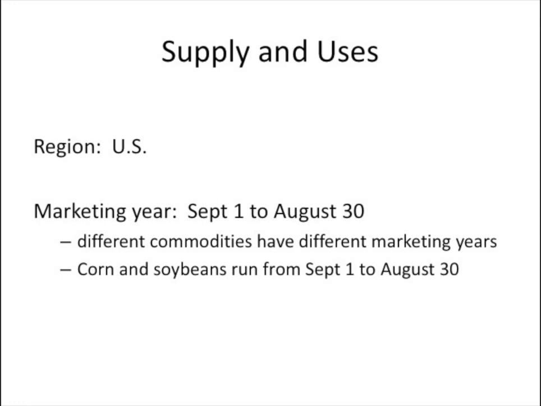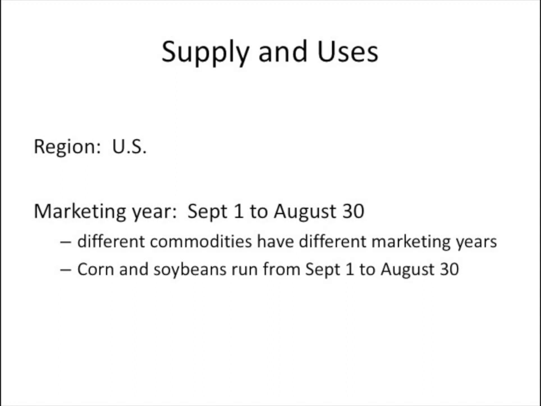We will use that as we're looking at supply and use, and that will be your assignment 1 in your papers. So while we're looking here specifically at the U.S., we have supply and use statistics for all countries. This supply and use statistic was for the marketing year beginning September 1, ending August 30th.